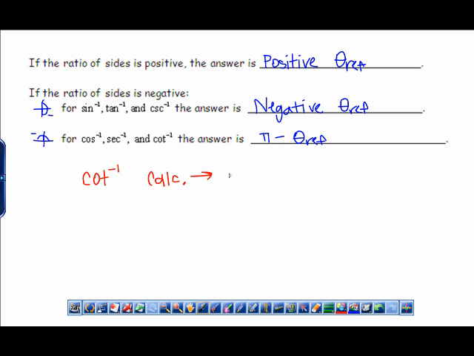Arc cotan would be arctan, and then you do 1 divided by whatever, or you would flip the ratio that's there. So if your calculator knows the restricted ranges and uses them appropriately, when you're trying to do arc cotan, your calculator is actually using the restricted range for arctan, which is different.